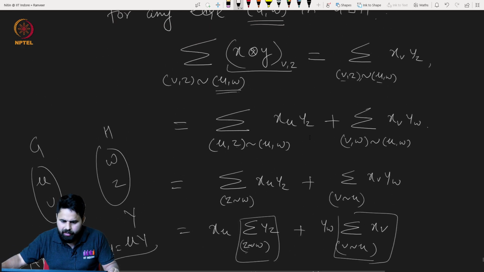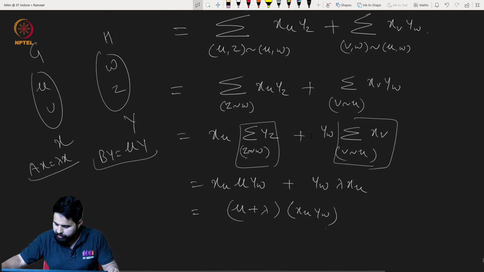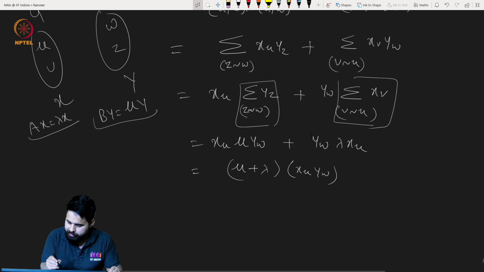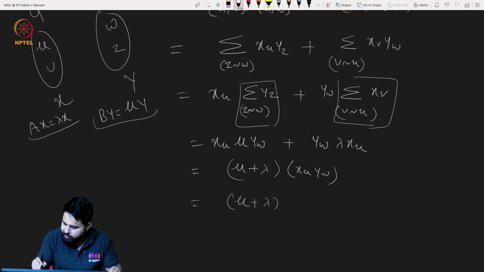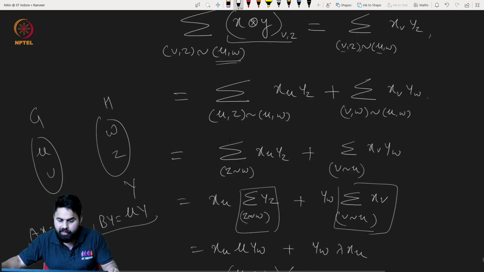Okay, very good, and let me check what it gives. Oh, great. So you see, this quantity is nothing but this. So wow, mu plus lambda, this is nothing but x cross y, whatever product you say, the u, vth entry, the (u, v)th entry here.